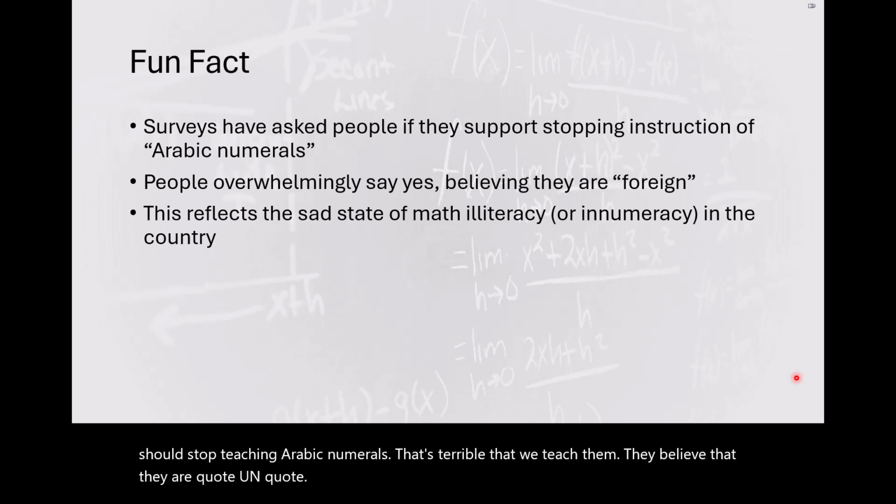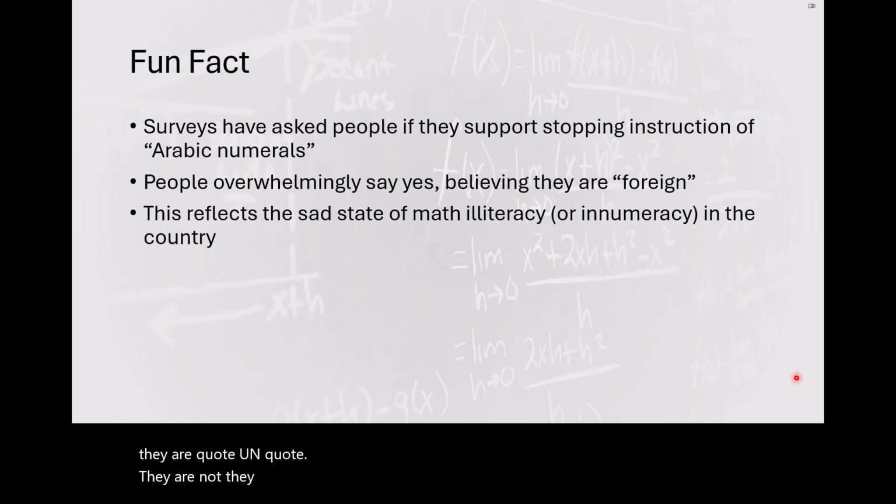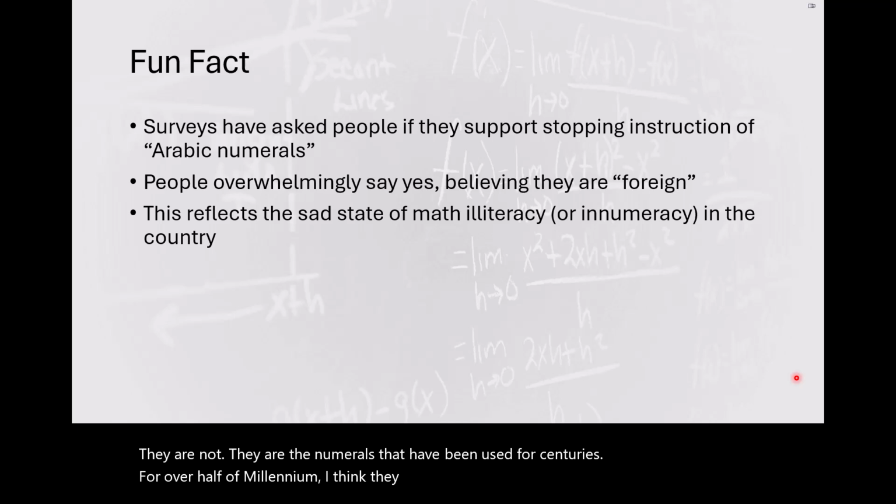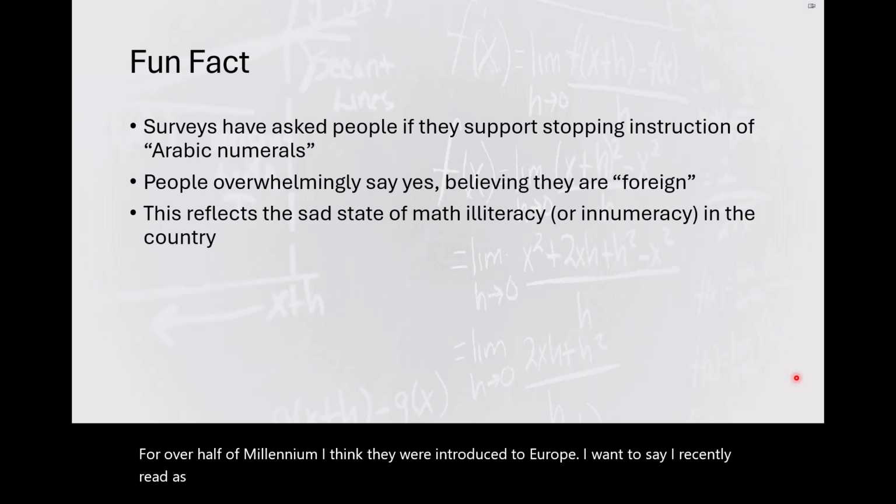They are not. They are the numerals that have been used for centuries, for over half a millennium. I think they were introduced to Europe, I want to say I recently read, by Fibonacci, but at least around that time.